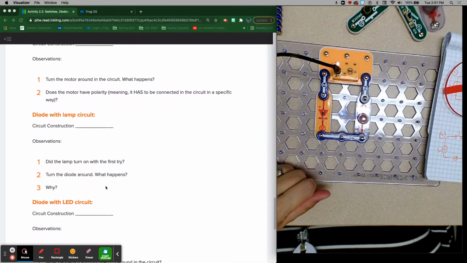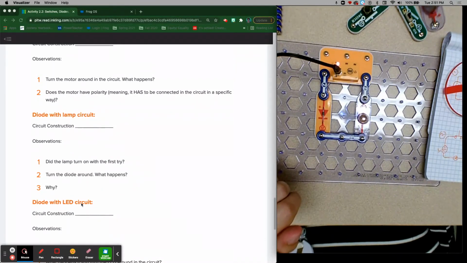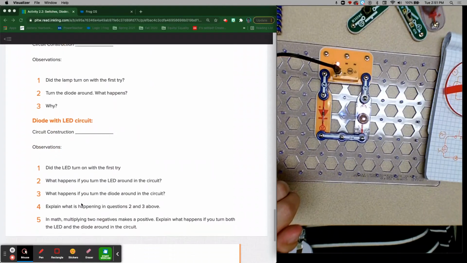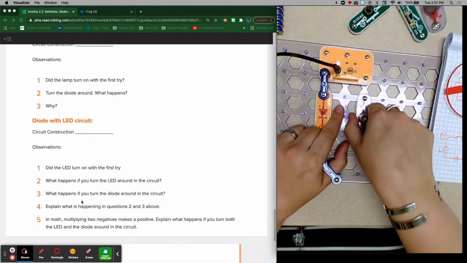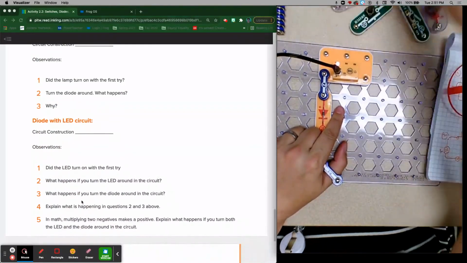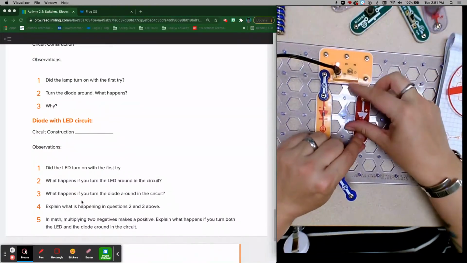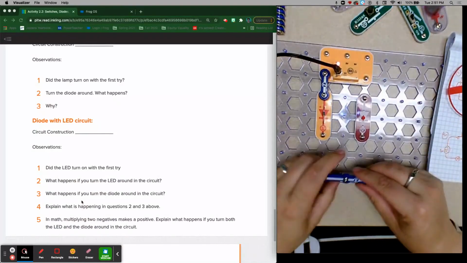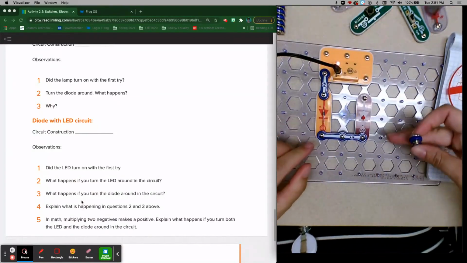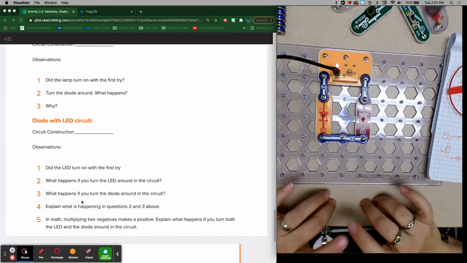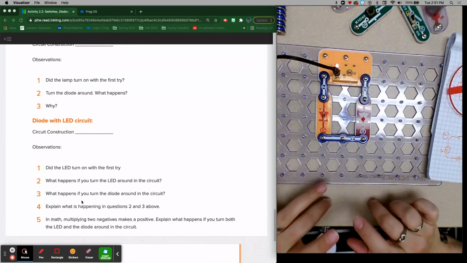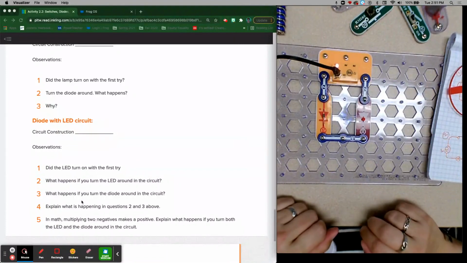And now they want a diode with an LED circuit. So let's take out this and put in this. Just pop it on there. Did not light up.